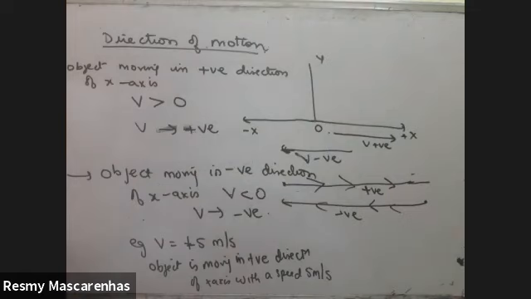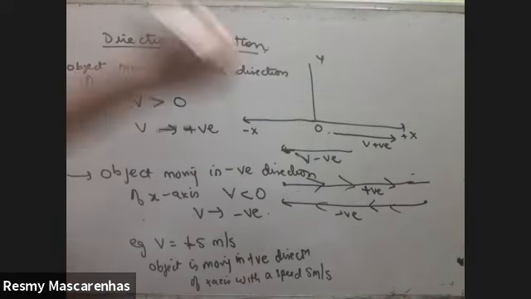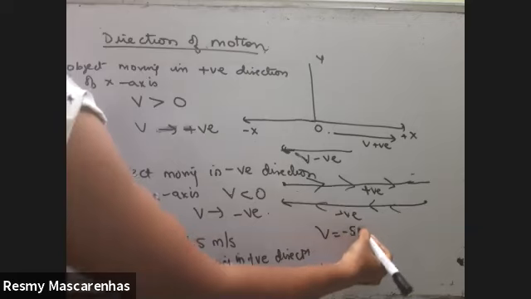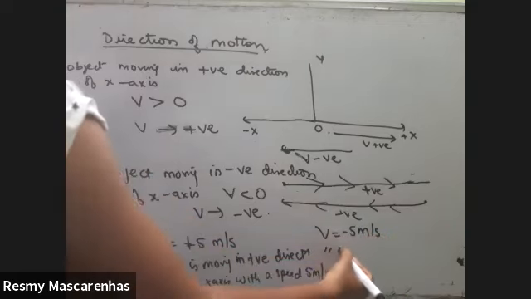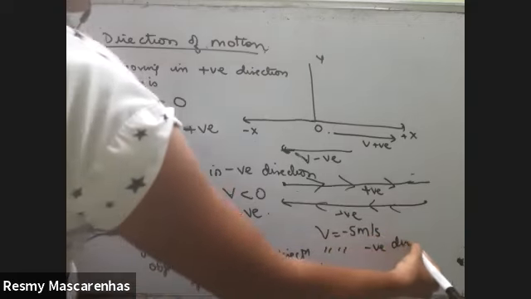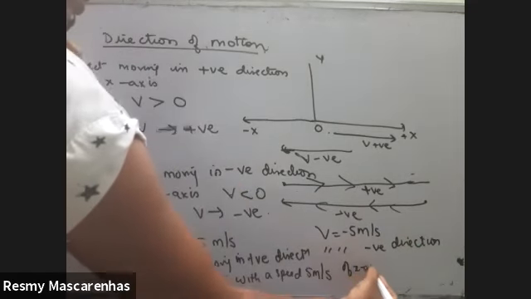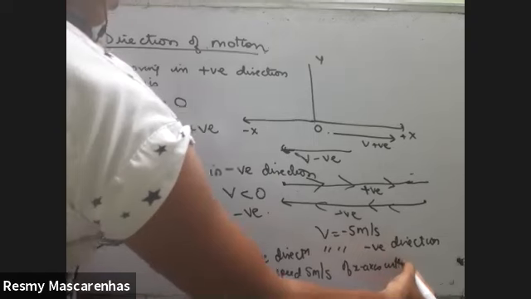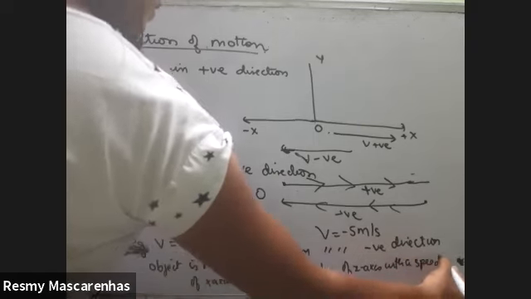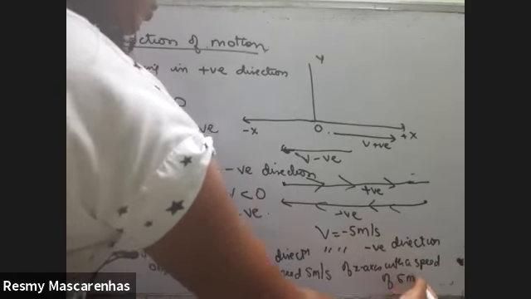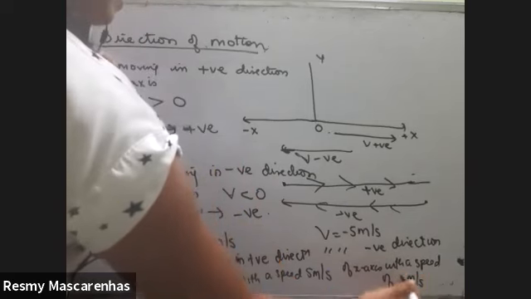So how do we read? If velocity is positive, the object is moving in the positive direction of the x-axis with a speed of 5 meters per second. If it is negative, it's the same thing, in the negative direction of the x-axis, with a speed of... while reading you always write like this.